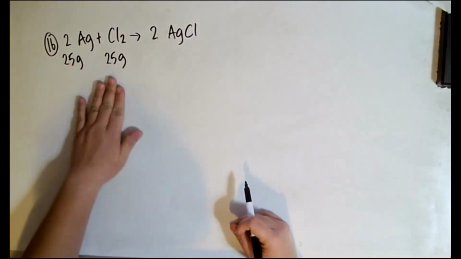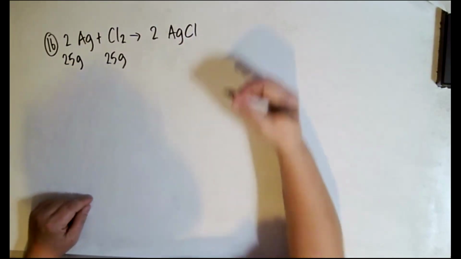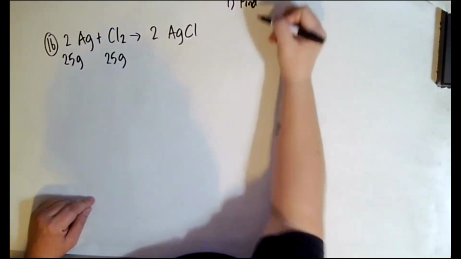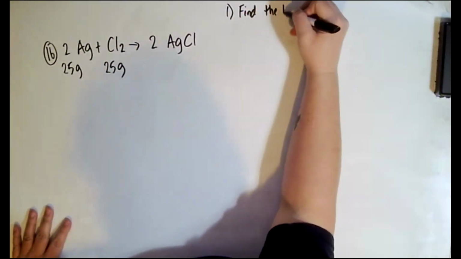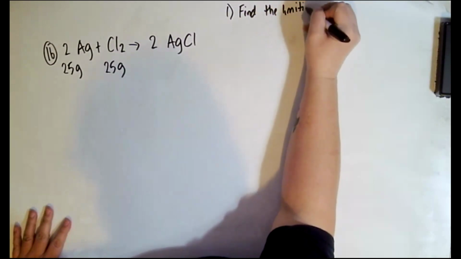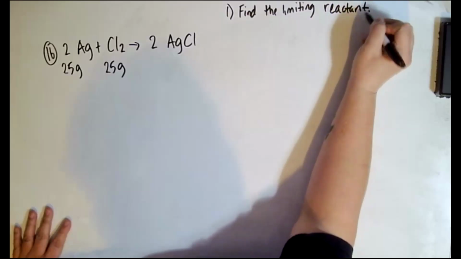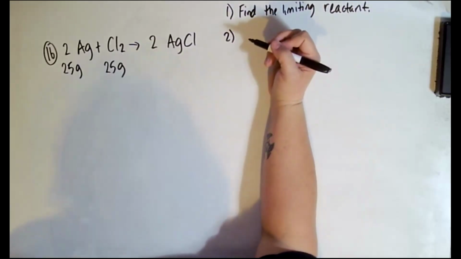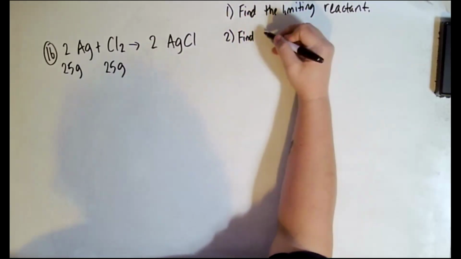So they're telling us here we have 25 grams of each of these starting things, and they're asking us to find the limiting reactant. And they're asking us to find the grams of product obtained, which is the same thing as the theoretical yield.